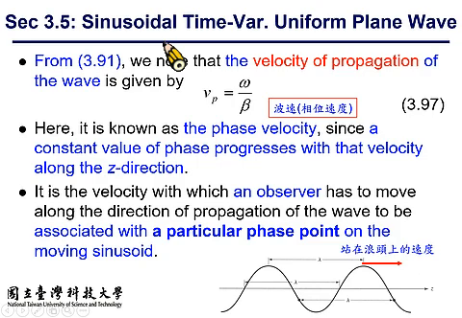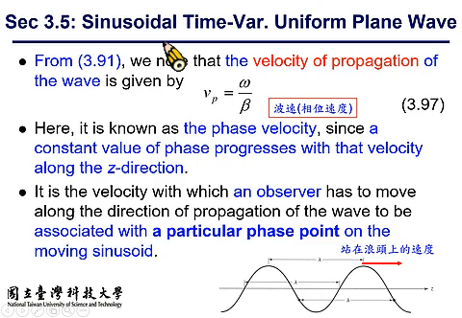But if you take a further look at the definitions, omega can be represented as 2 pi times f, and beta as 2 pi over lambda.